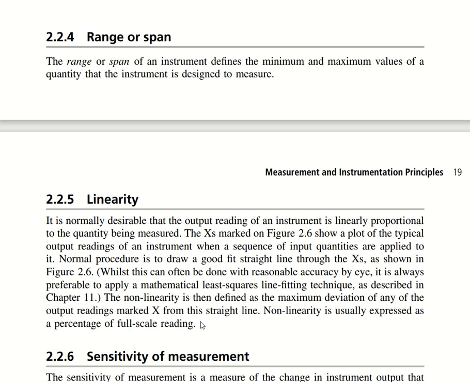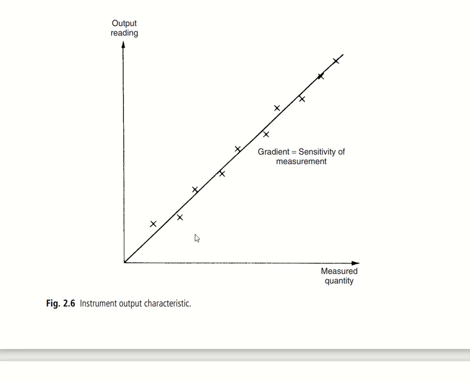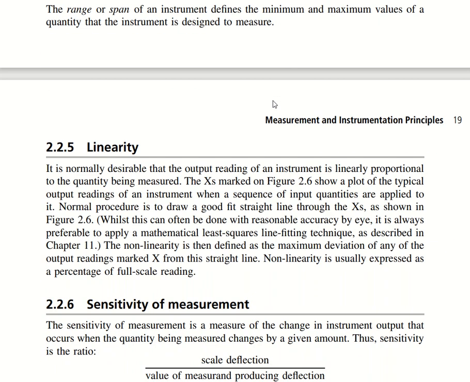Normally, the output reading of an instrument is linearly proportional to the quantity being measured. See here the X marks, which show the plot of a typical output reading of the instrument when a sequence of input quantities are applied to it, and the normal procedure is to draw a best fit straight line through the points, as you can see in the image.